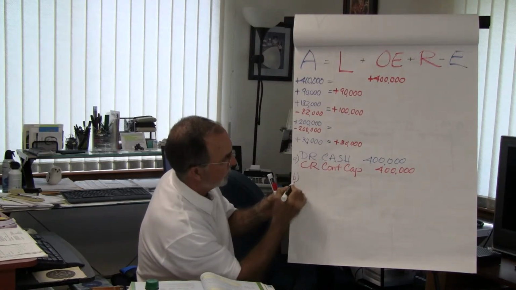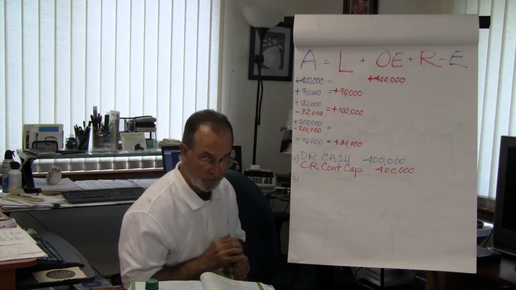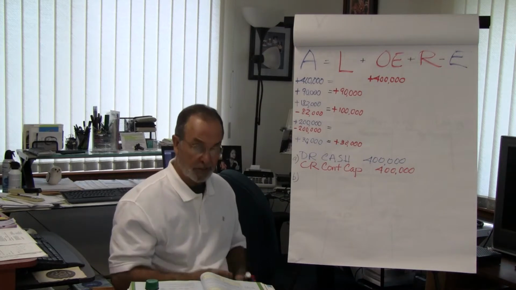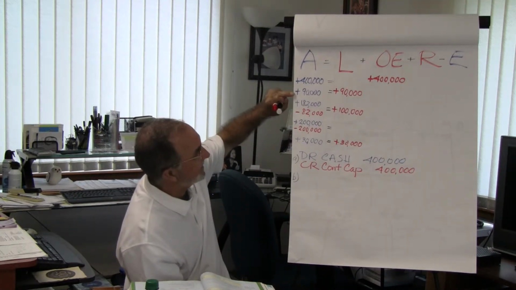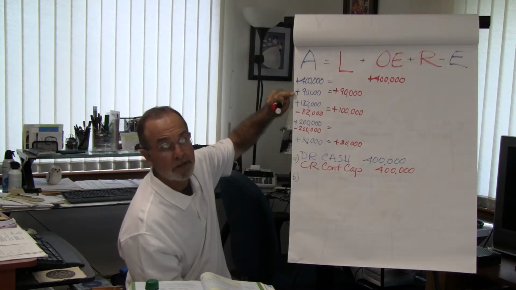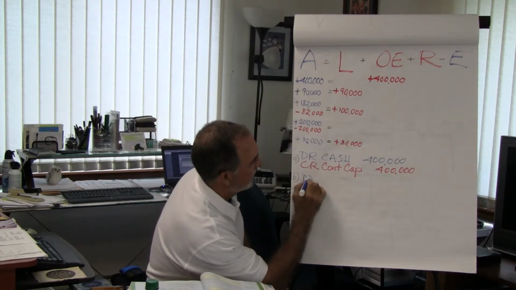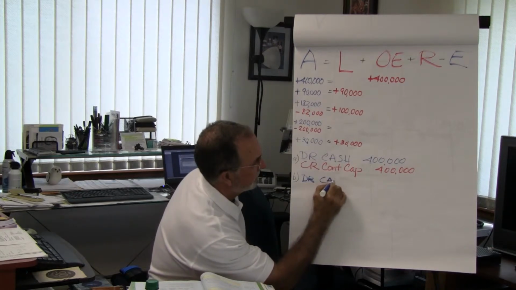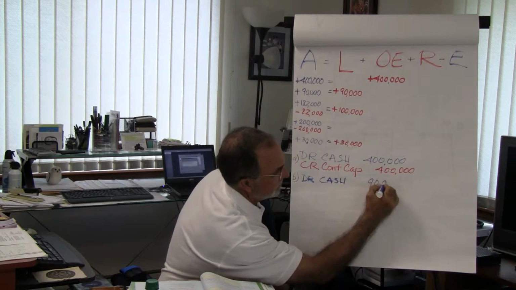For transaction B, we borrowed 90,000 cash from a local bank, payable June 30th, 2012, payable in 2 years. We added to cash on the left side of the equation under assets, so we debit cash for $90,000.